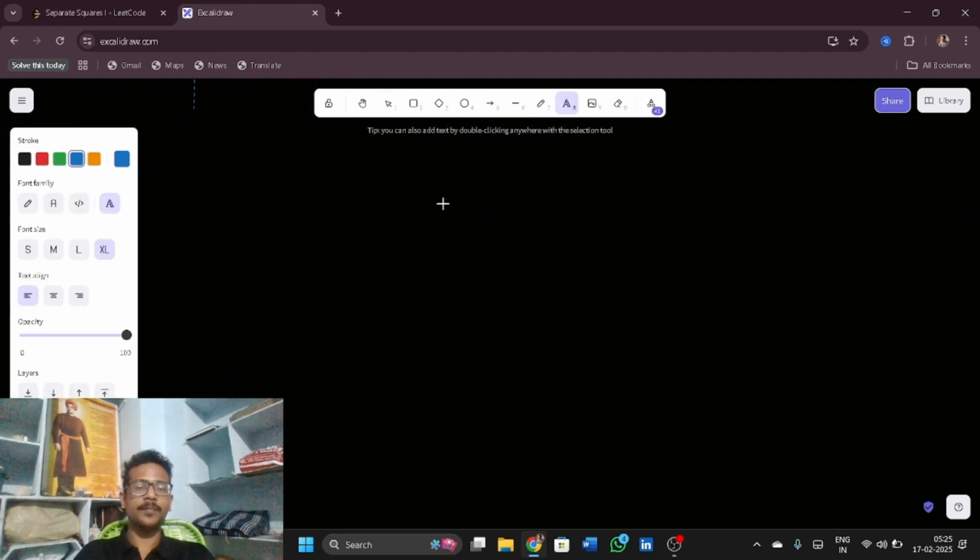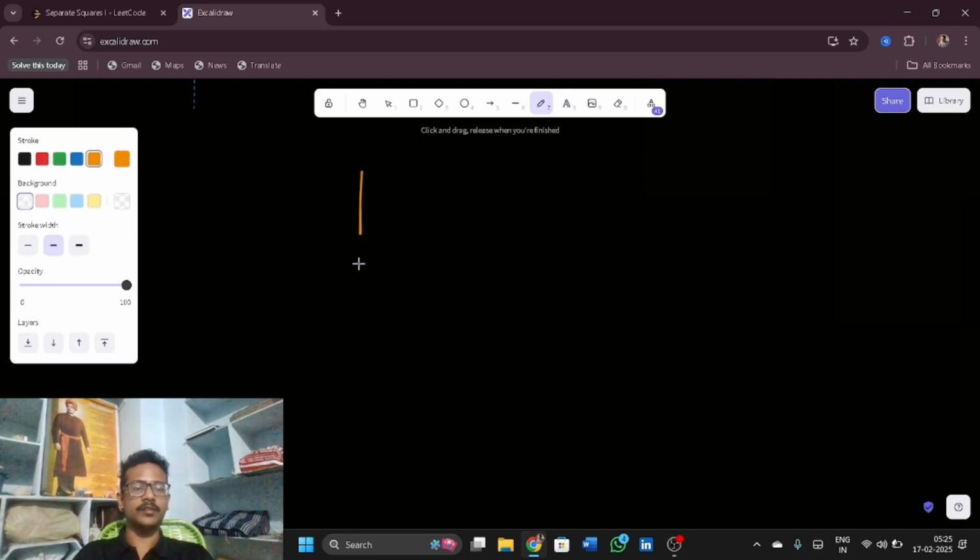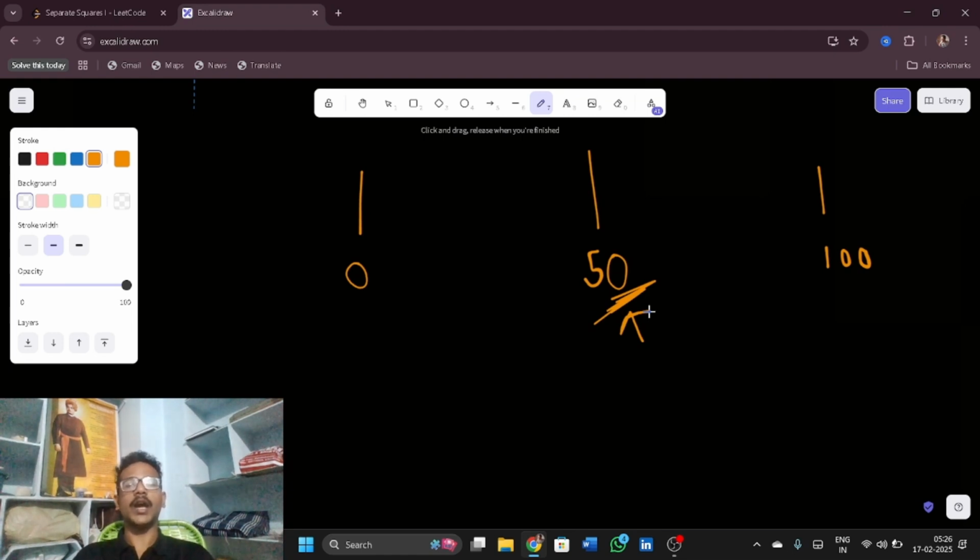But you might think that you have something like 0 here, and the last is something like 100. Then why can't you search for this 50, where the area on the left and right is equal?